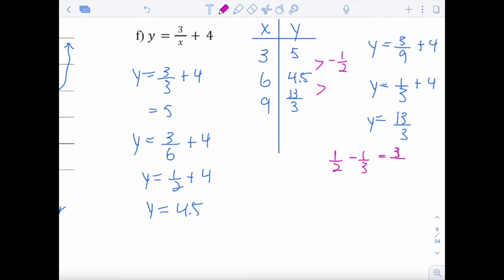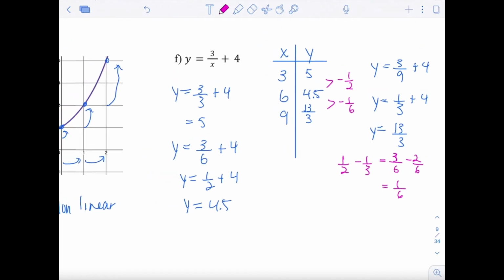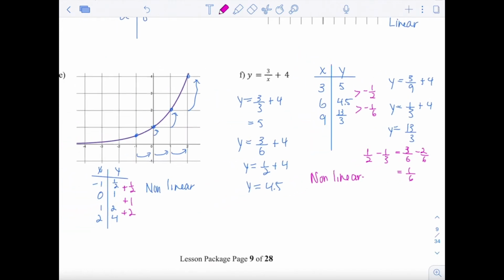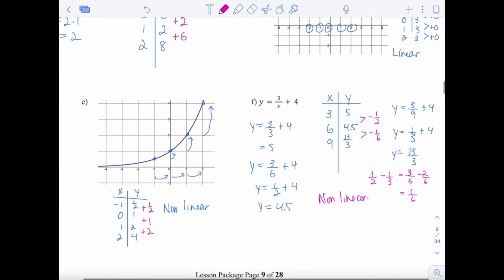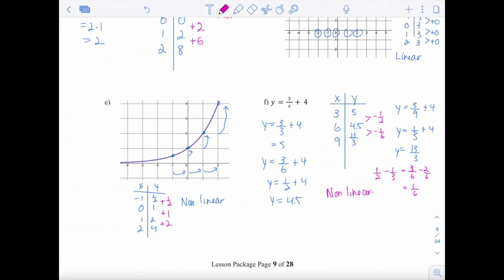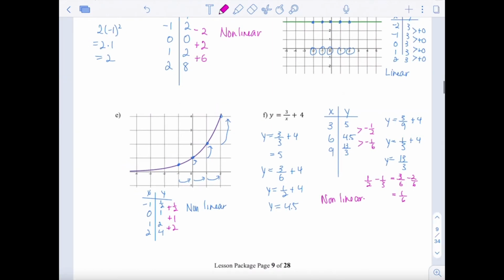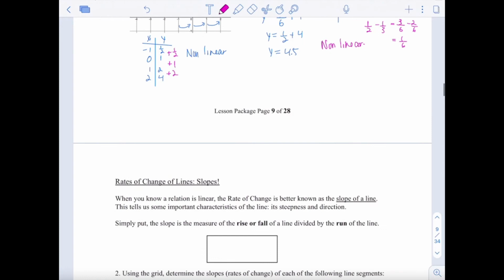So that's 3 over 6 minus 2 over 6, which is 1 over 6. So that subtract 1 over 6, and it is nonlinear. By now, you should have good intuition from the graph, and you can see that if you don't have a graph, if you have an equation or something, you can use a table of values.